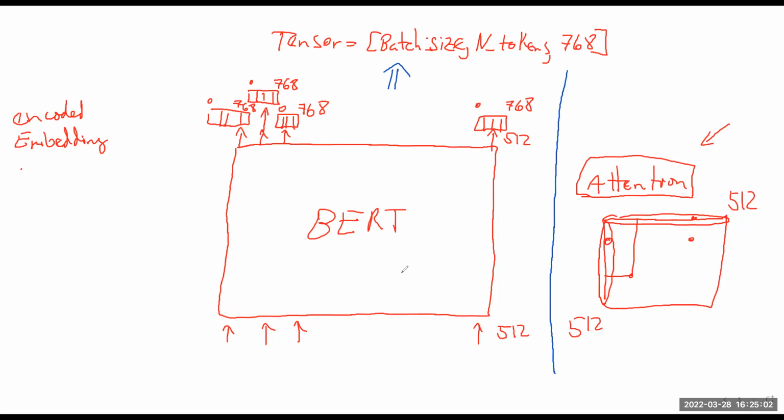All right, so now this is the architecture of BERT. 768 is the hidden size. So it's the last hidden layer of the neural net. And tokens, let's just say is 512.